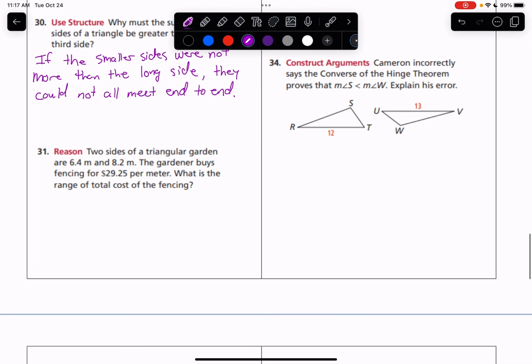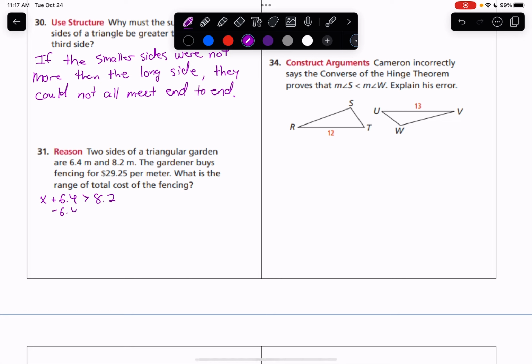Number 31, two sides of a triangular garden are 6.4 and 8.2 meters. The gardener buys fencing for $29.25 per meter. What is the range of total cost of the fencing? So we've got to find the range of the amount of fencing in the garden. It could be that our missing side is our smallest. So x plus 6.4 would have to be greater than 8.2.